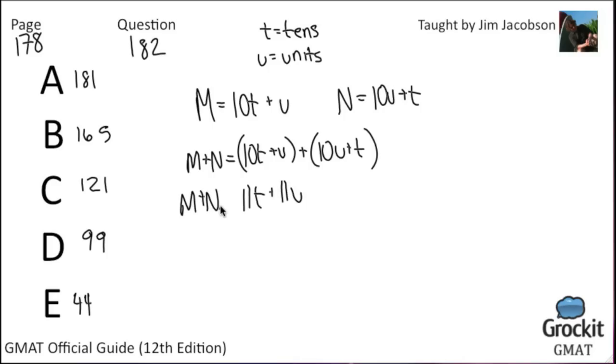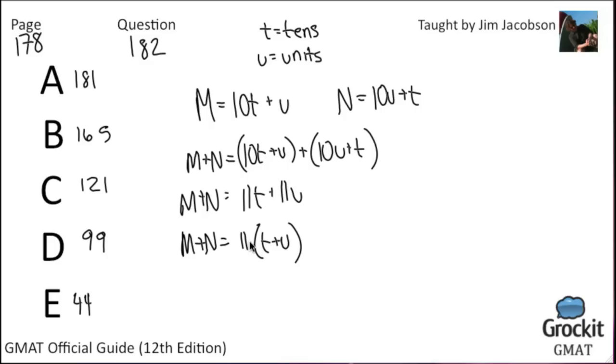So m plus n equals 11 times the sum of the tens digit and the units digit. So no matter what, m plus n is going to be a multiple of 11, no matter what tens and units digit we choose.